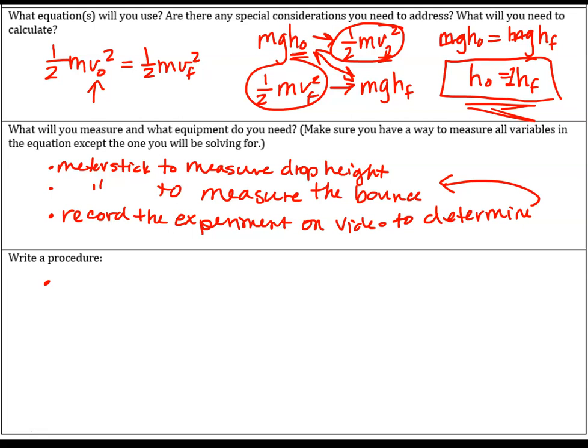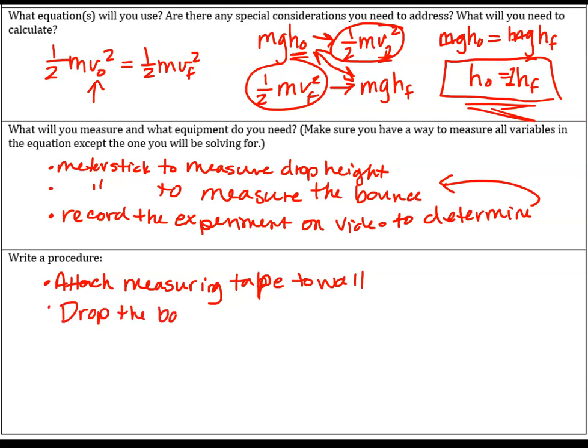So my procedure: I am going to attach the measuring tape to the wall. It could be meter stick, measuring tape, whatever. And then I am going to drop the ball from 5 to 10 different heights. Just pick a number, but you want enough data points.